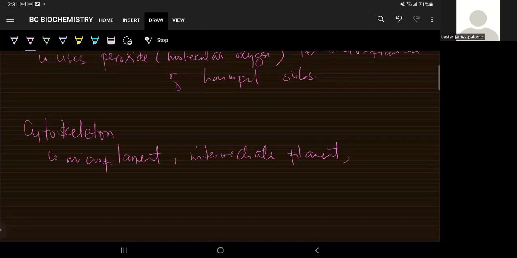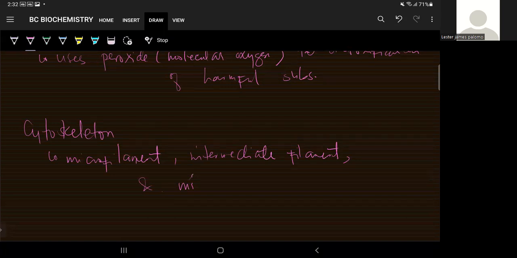Skeletal muscle tissues, wherein, di ba, in order for it to contract, it needs your actin and myosin, di ba? In relation to that one, it contains cytoskeleton filament, myofilament.